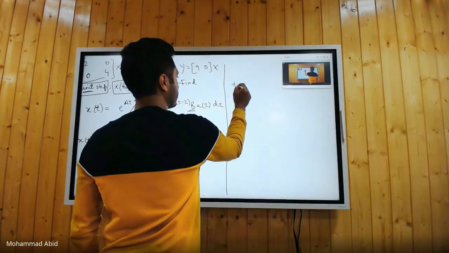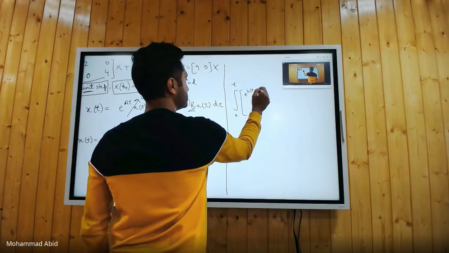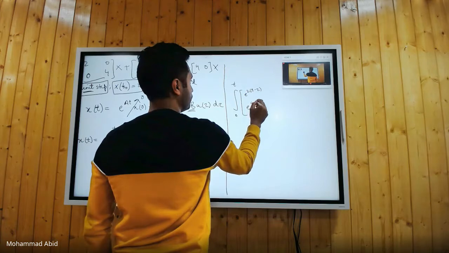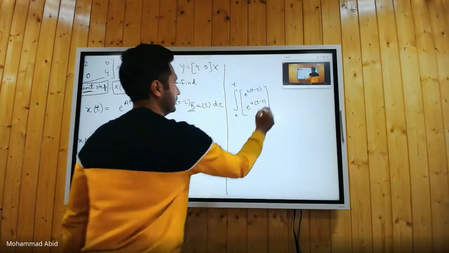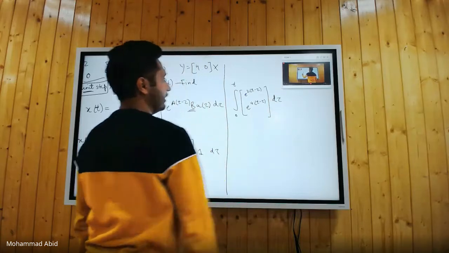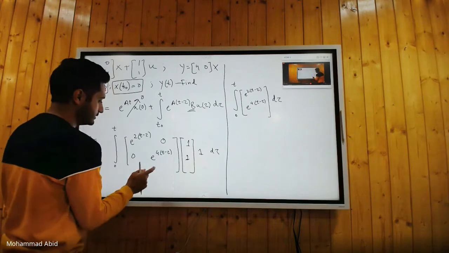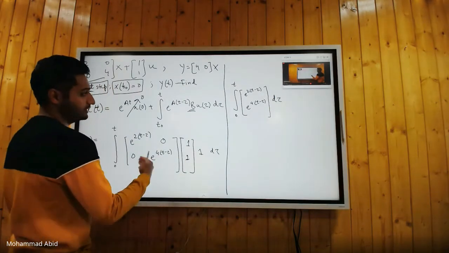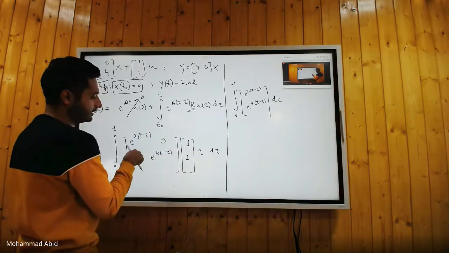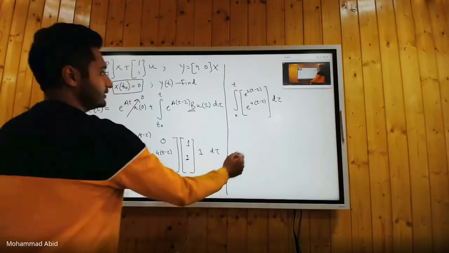This will be the integral from 0 to t of e to the power 2(t minus tau), e to the power 4(t minus tau), d tau. I have not solved the integral yet. I have just multiplied this term with B. So a matrix-vector product with a diagonal matrix becomes easy. Just the first entry and second entry get extracted. That's equal to your x of t.